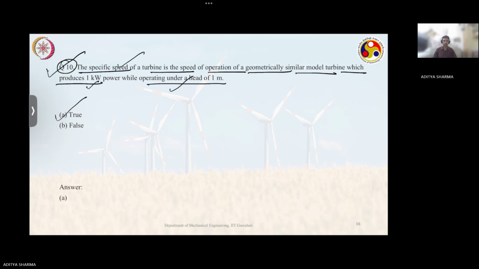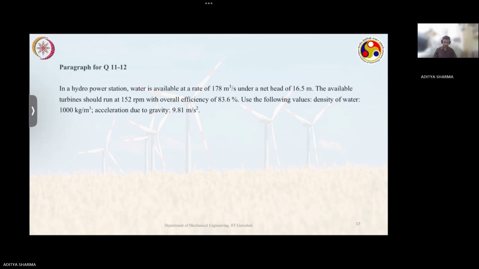Option A. Question number 10. Then we have the next numericals.